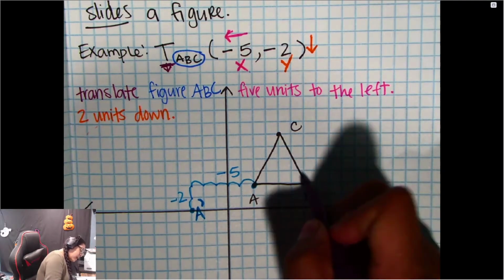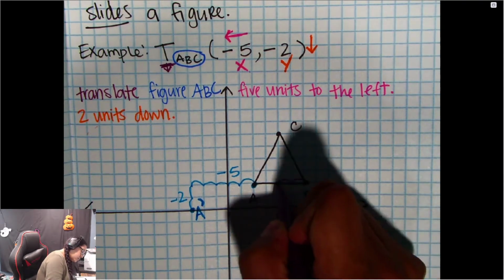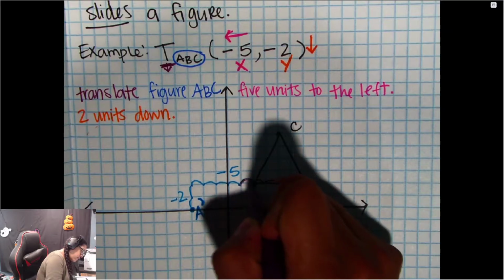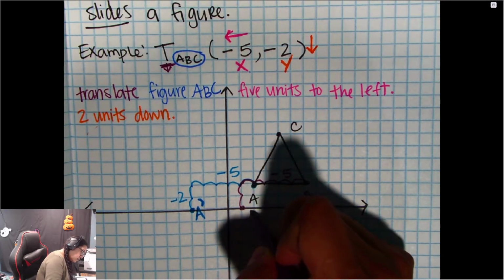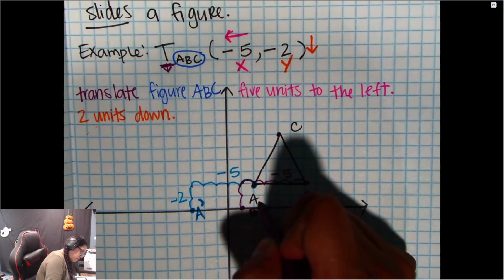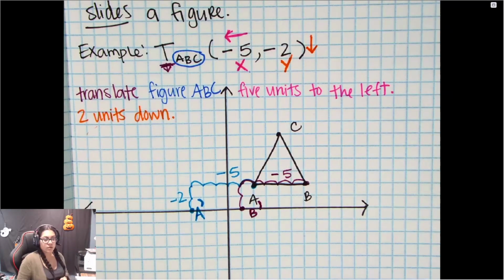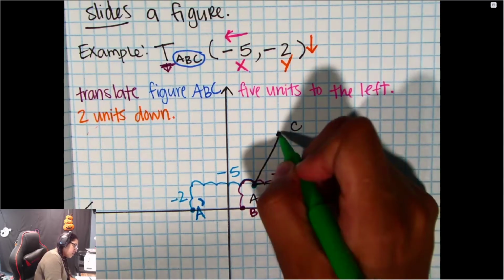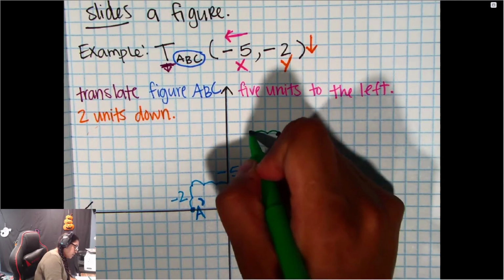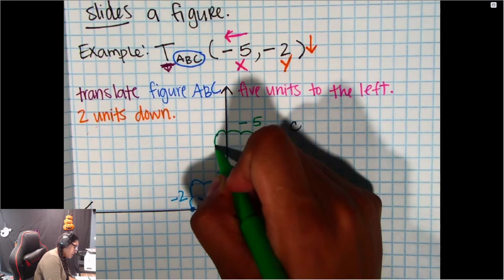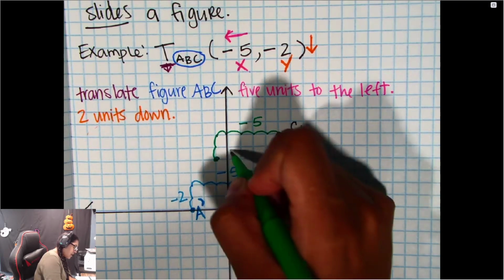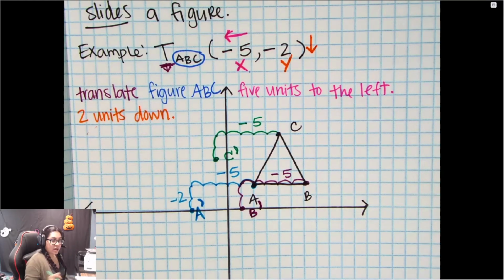From point B, I'm going to move 1, 2, 3, 4, 5 units to the left, and 1, 2 units down. This is now my B prime. And do the exact same thing with letter C. Go 1, 2, 3, 4, 5 units to the left, and 1, 2 down. That is my C prime.